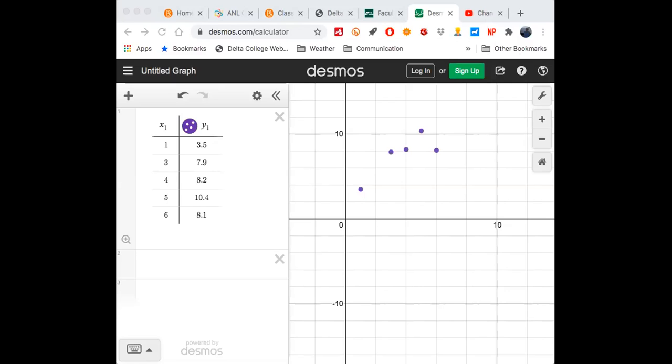Okay, 1.1x plus 3.6. That's what I got rounded as well, Jenna. And if I go back here and do it this way, y1 is approximately mx1 plus b.